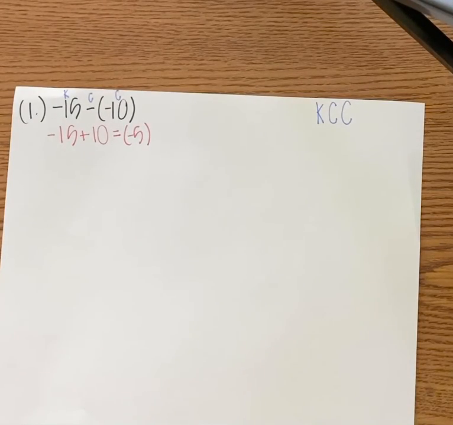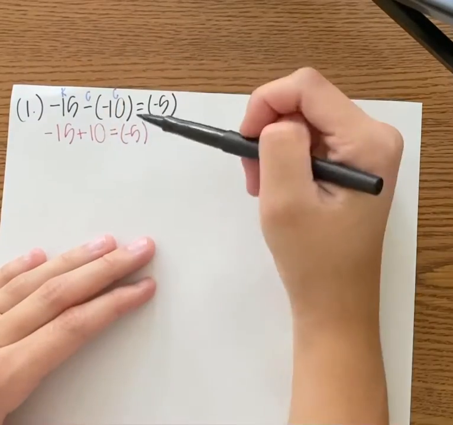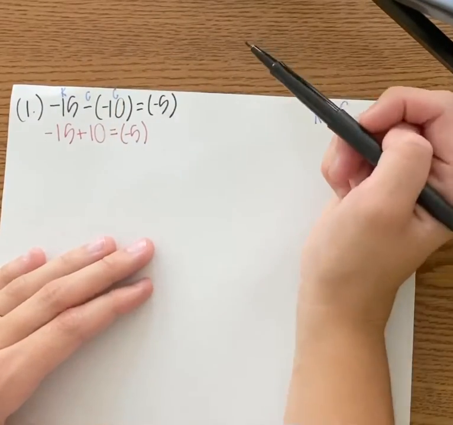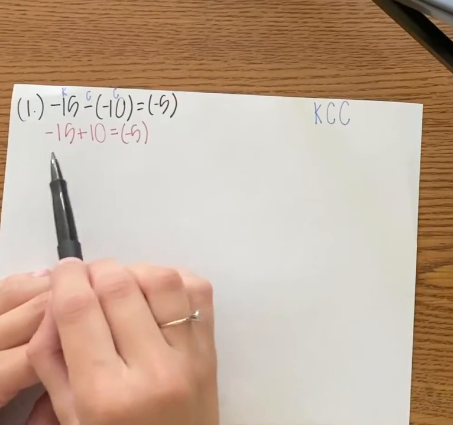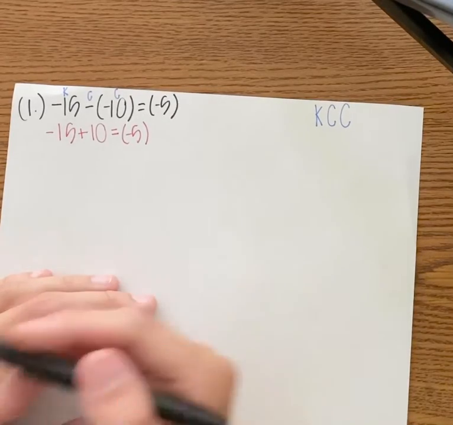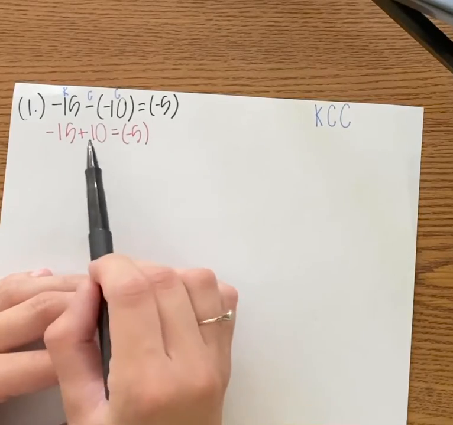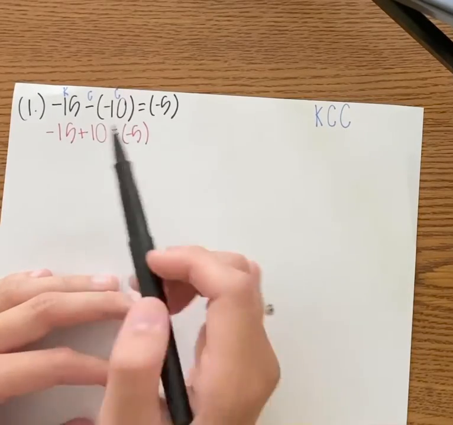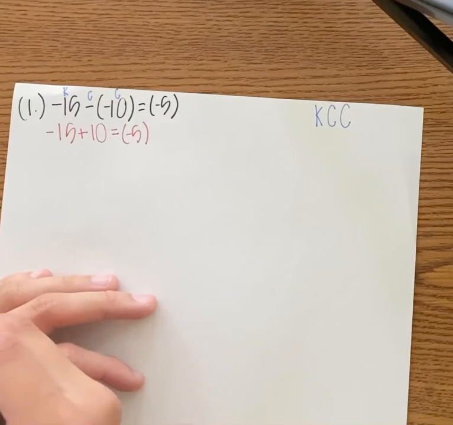And I'm going to go back up and write it here as well. These two problems are equivalent to one another. They have the same addends, but they still give us the same sum or difference. We still have the same answer of negative 5. These are equivalent expressions or equations because they both have the same answers.